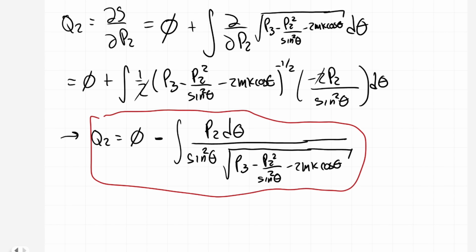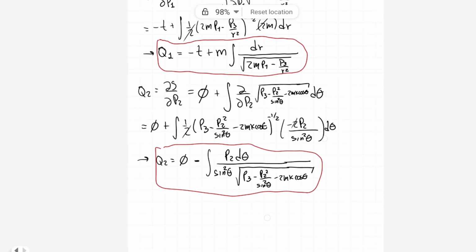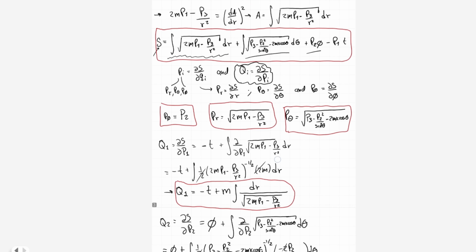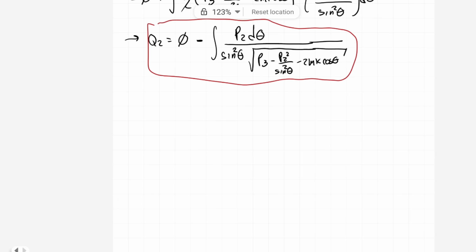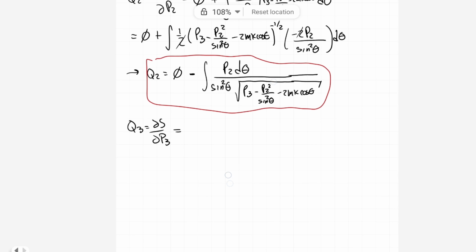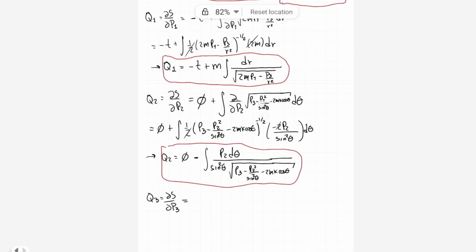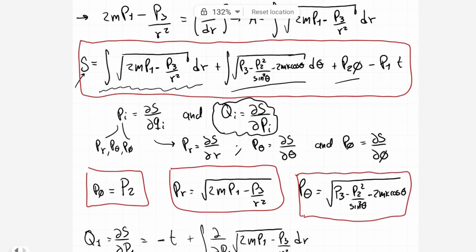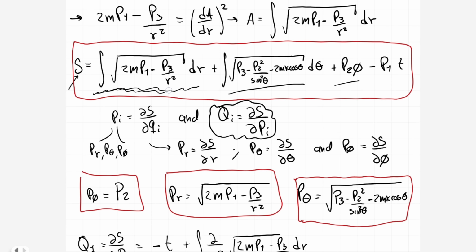Okay, perfect. So we go with Q3. That will be the derivative of S with respect to P3. So what will that be? Well, if we see, we are going to have to take the derivative in this piece and then in this piece because they have a P3.